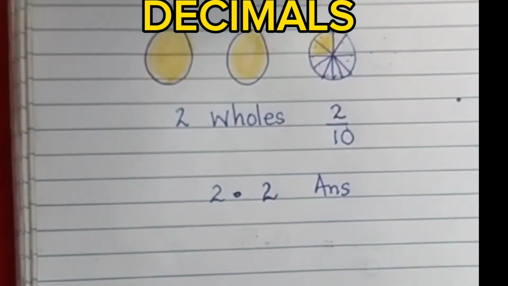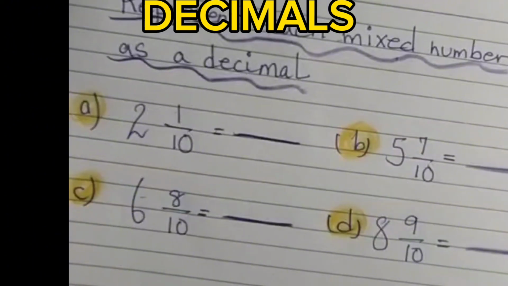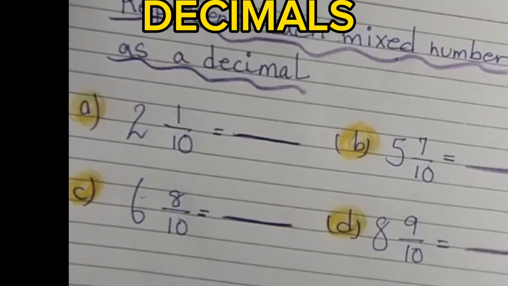Alright, moving on to another exercise. I'm sure you will understand it because we have done it with the figures, but this time we are doing it without figures. Now this question is there in your books, page number 4 in your activity books 4B. Question number 6.